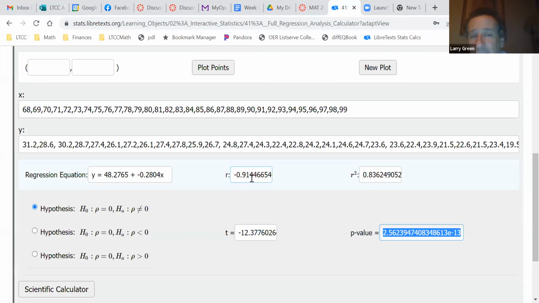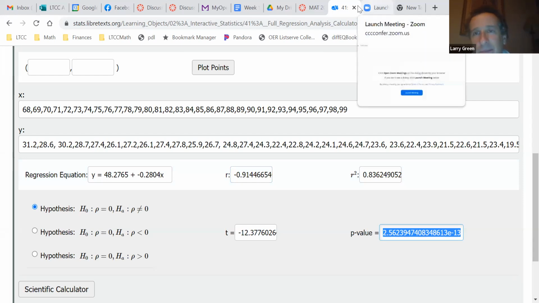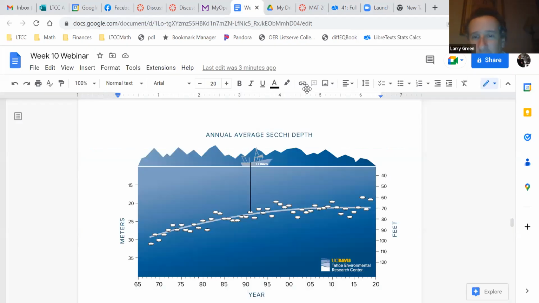R was negative 0.91 in the pre Big Bill years. But in the post Big Bill years, what do you think R might be? The hint is it won't be negative 0.91 anymore. Any thoughts? What number do you think it might be?